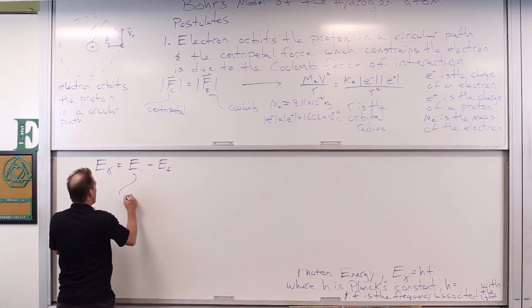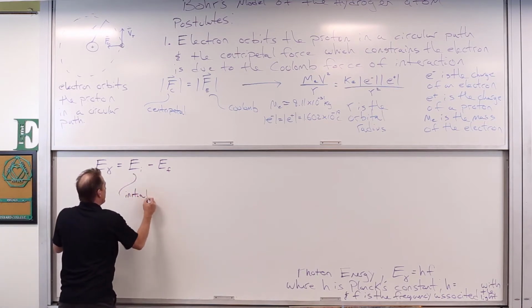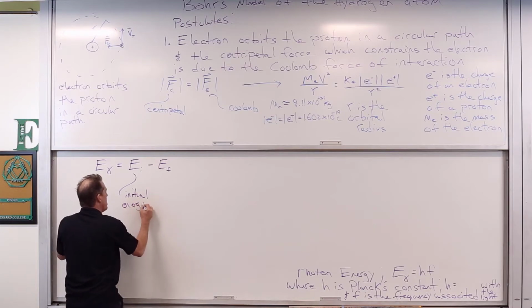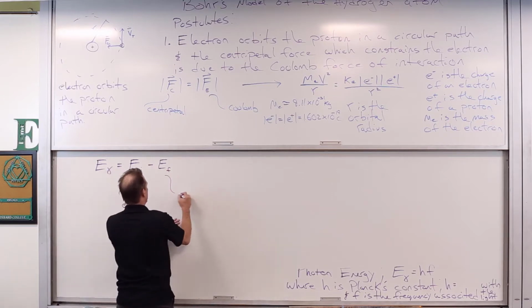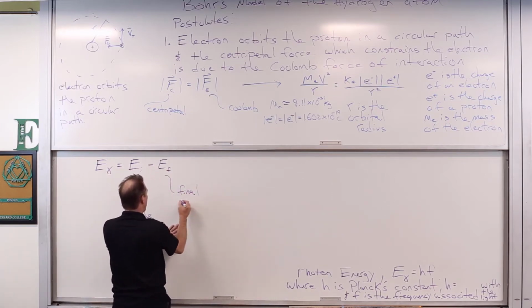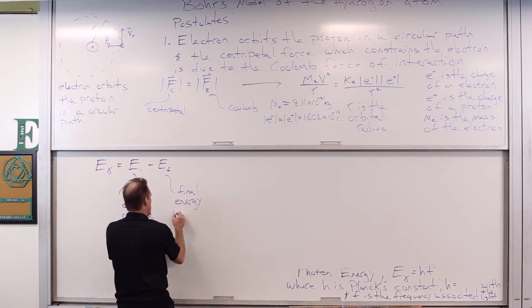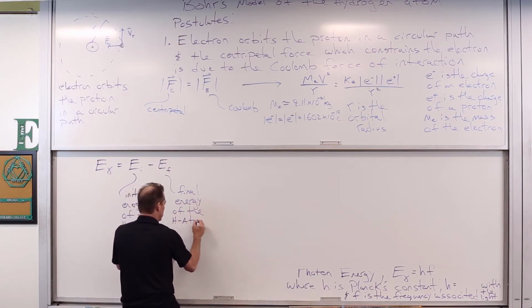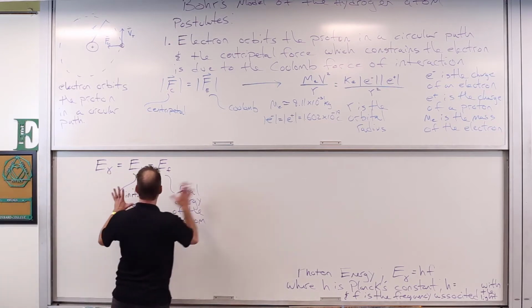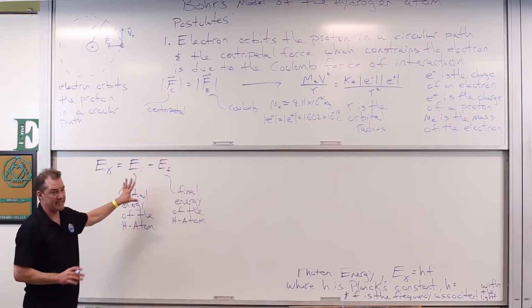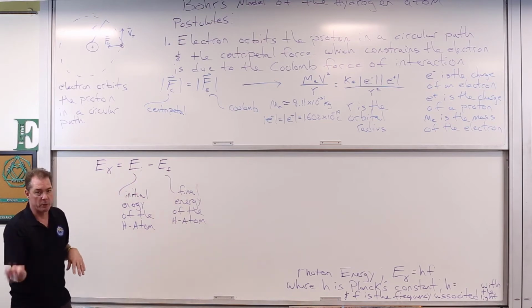So this is the initial energy of the H atom. This is the final energy of the H atom. And these energy levels are ultimately dictated by what orbital state the electron's in.